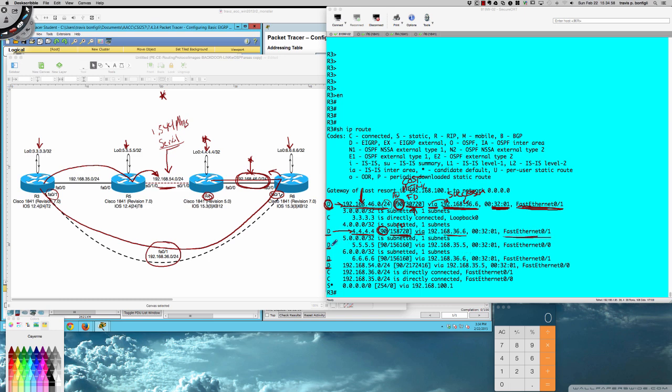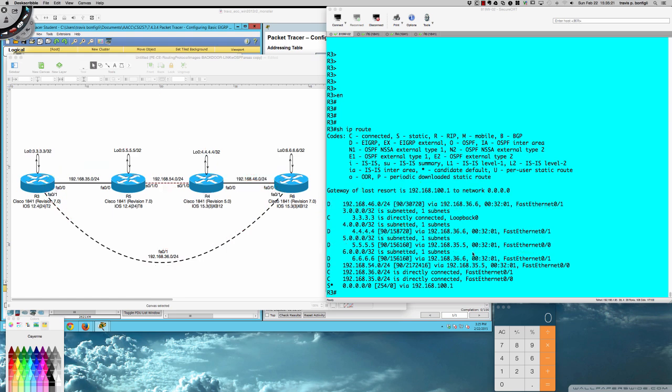Now, if I was simply trying to go to my next door neighbor here, router 5, 5.5.5.5, you can see we've got the feasible distance here, and this should be obvious, since we're directly connected to them. That's the route we're going to take, and it's going to be out the FastEthernet 0 interface.